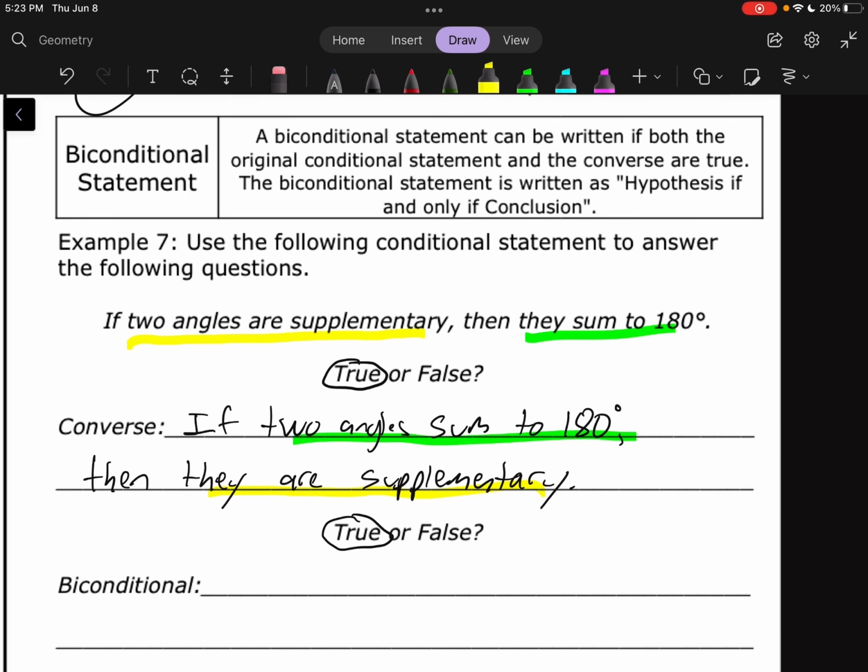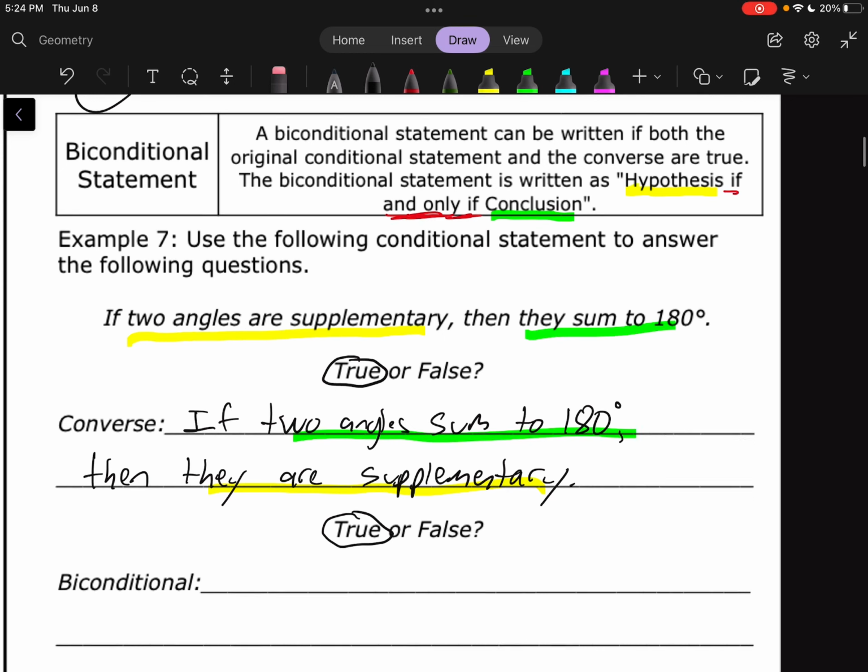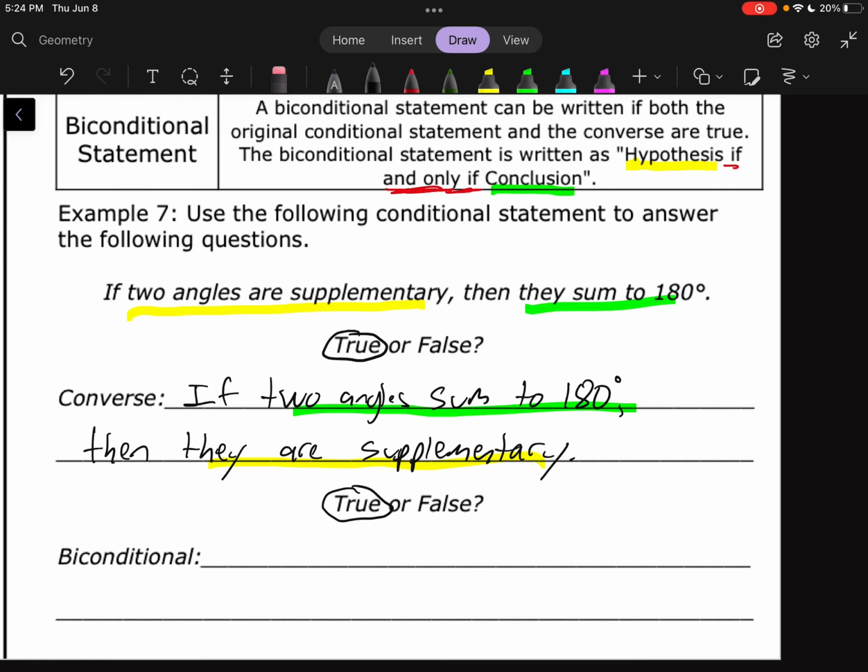And what we said in that box up above was to write it, we do hypothesis, if and only if, conclusion. So what was my original hypothesis? My original hypothesis was two angles are supplementary.